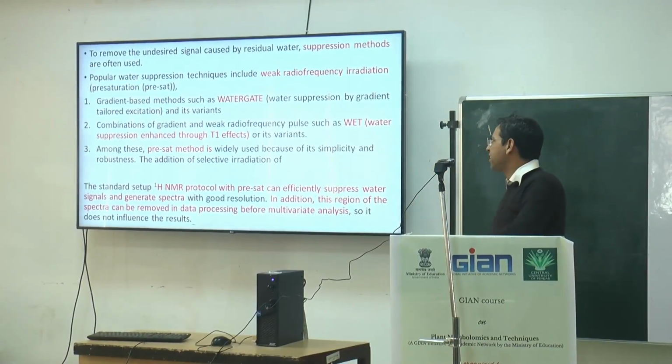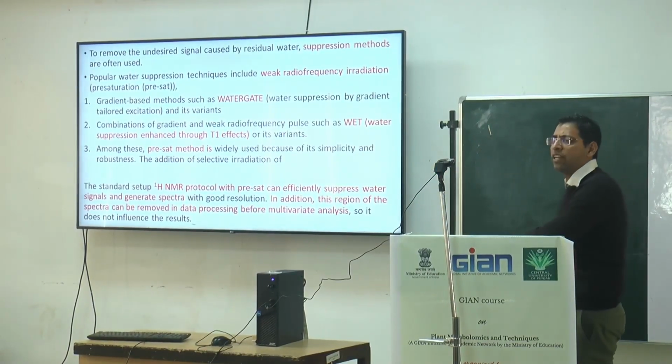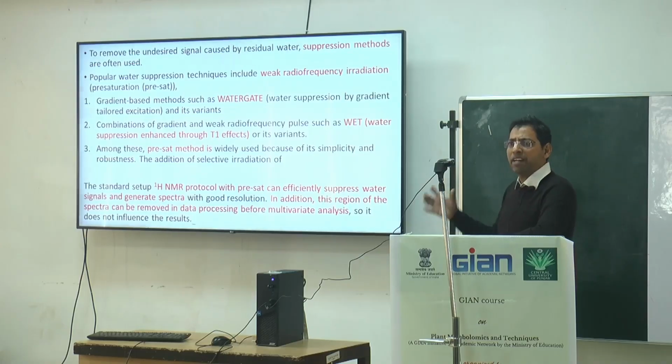So WATERGATE is one of them, in which they do some manipulation of the different parameters, and that is water suppression by gradient tailored excitation. They excite the resonance in a gradient manner. Combination of the gradient and weak radio frequency pulses is WET, water suppression enhanced through T1 effect. This is another method by which we can reduce the water signal.